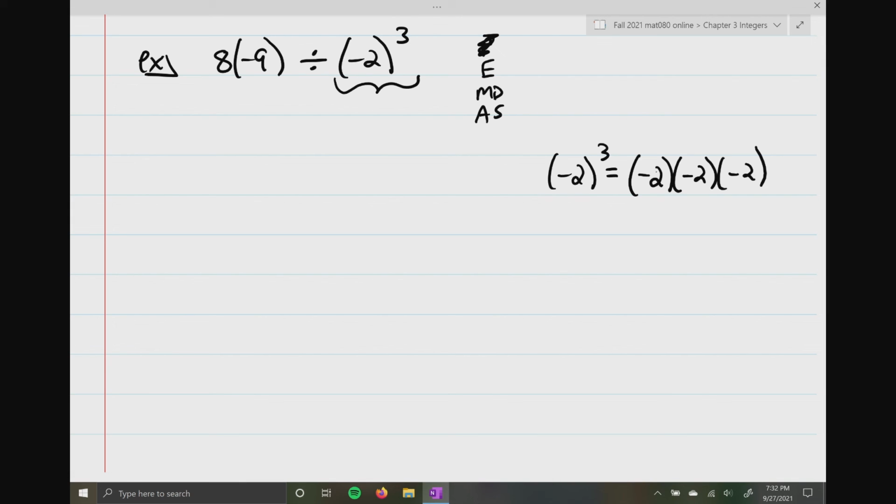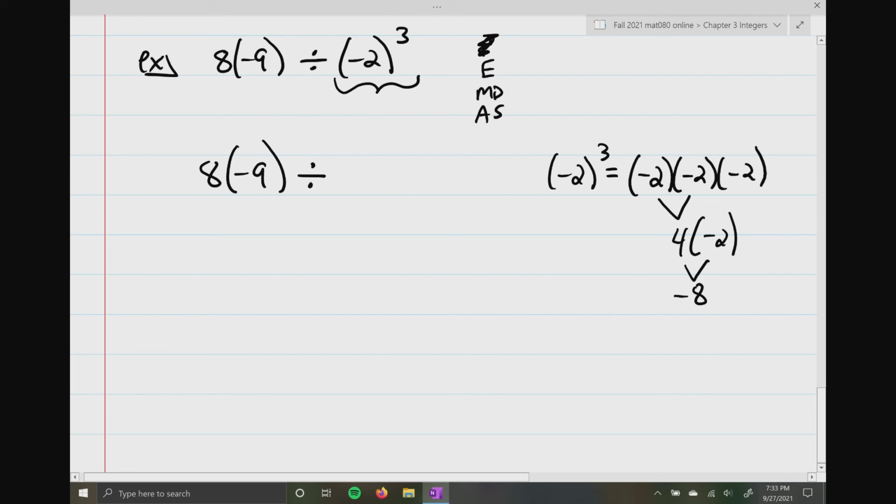Off to the right here, I went ahead and wrote that. Negative 2 times negative 2 is positive 4. And then positive 4 times negative 2 is going to be negative 8. So I'm going to rewrite everything. The quantity of negative 2 to the third power turns out to be negative 8. Okay? So now my exponents are done.